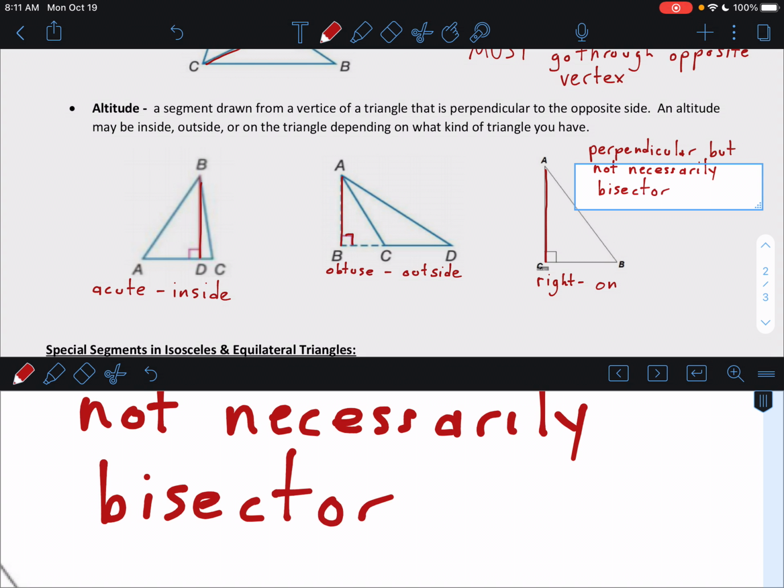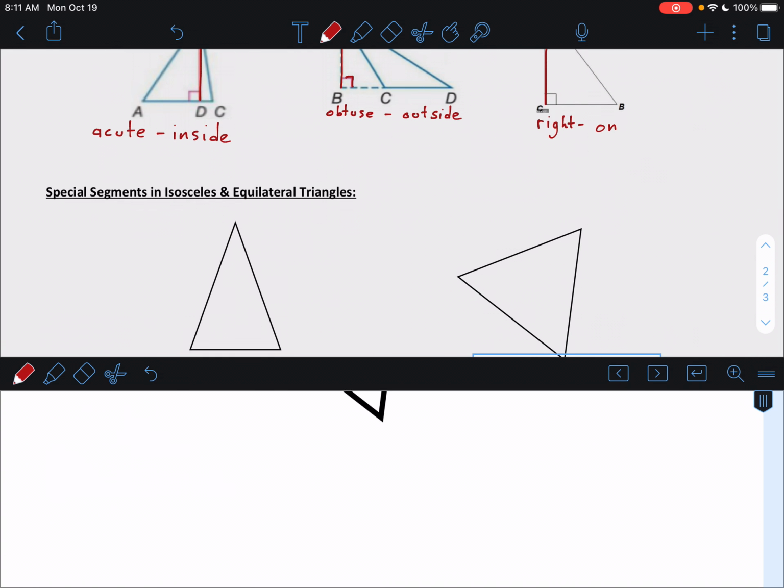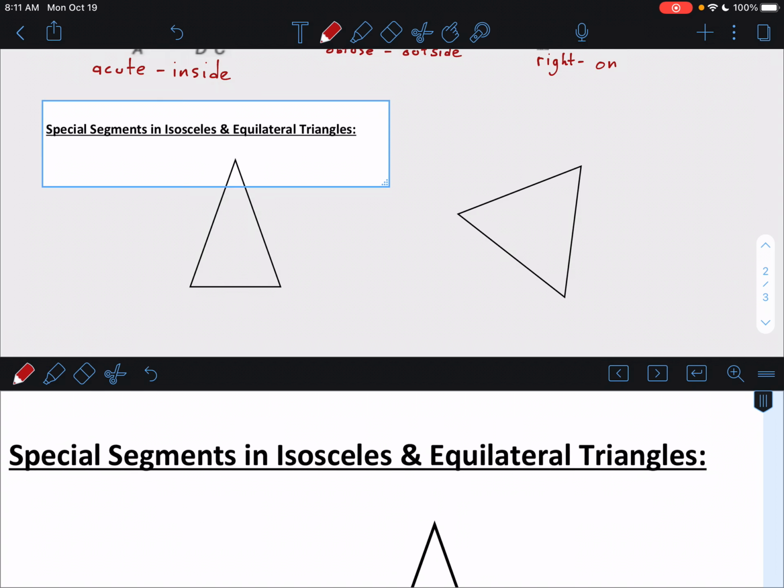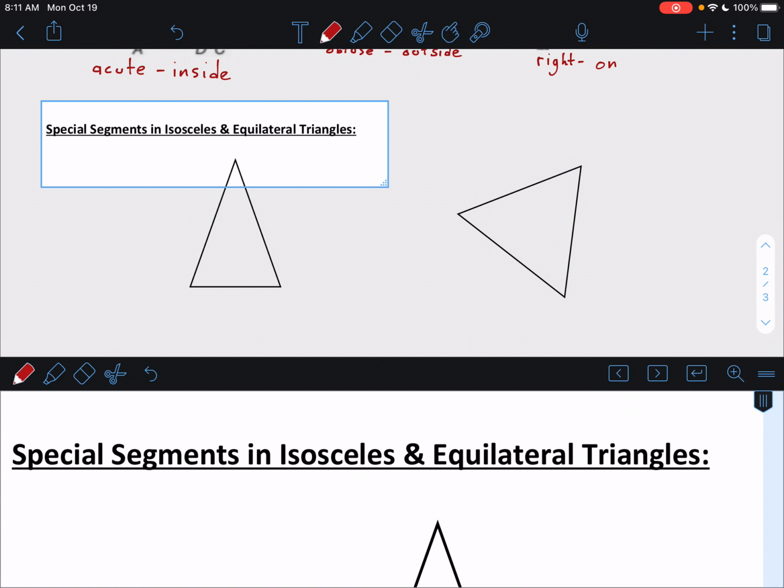And we're going to see the only two examples in which it would be a bisector right now. So we have special segments in isosceles and equilateral triangles.